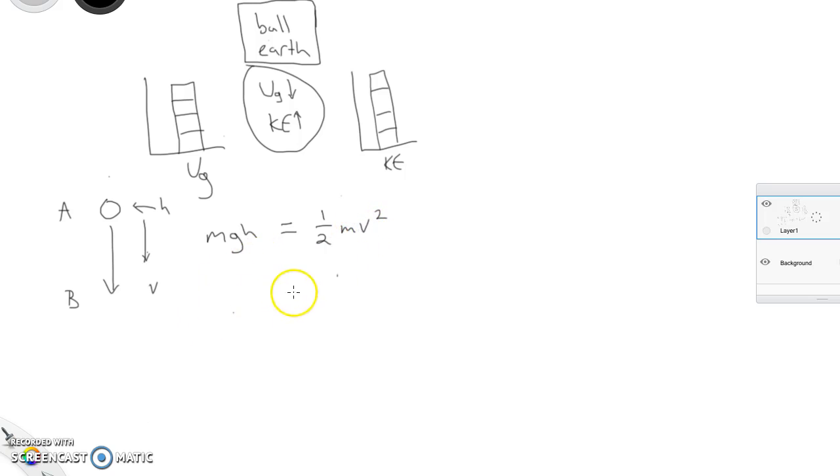The last piece that we need is to just give a statement of the energy transfer. So you'll write out in complete sentences what happened. In this case, gravitational potential energy was transformed into kinetic energy.